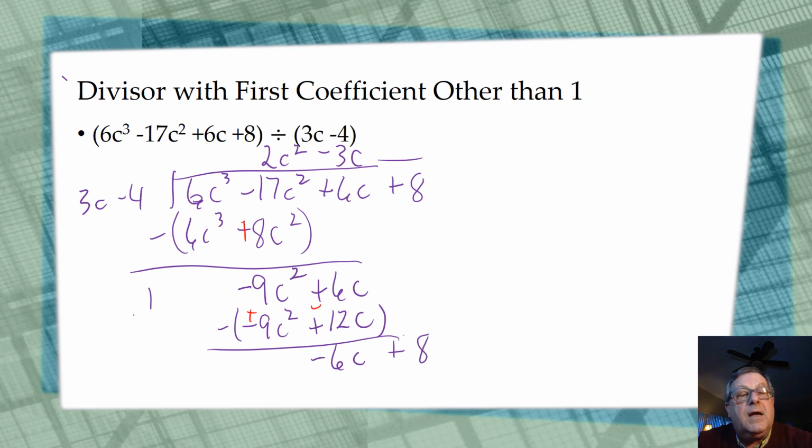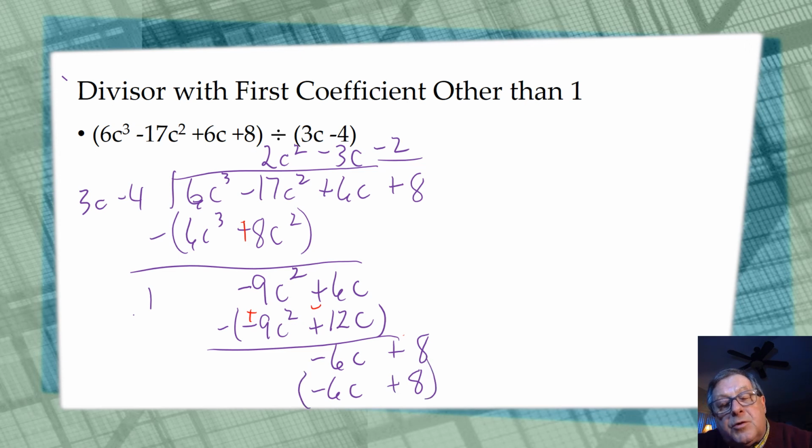All right, how many times will 3c go into negative 6c? Well, 3 goes into negative 6, negative 2 times. And negative 2 times 3c is negative 6c. And negative 2 times negative 4 is 8.